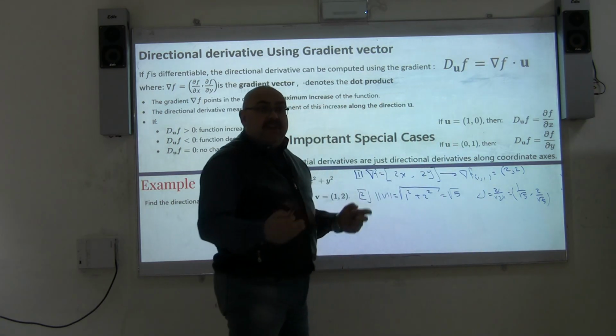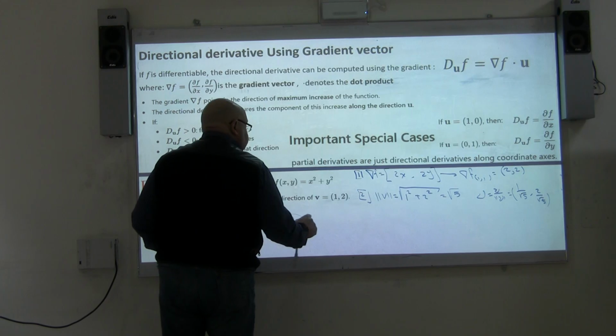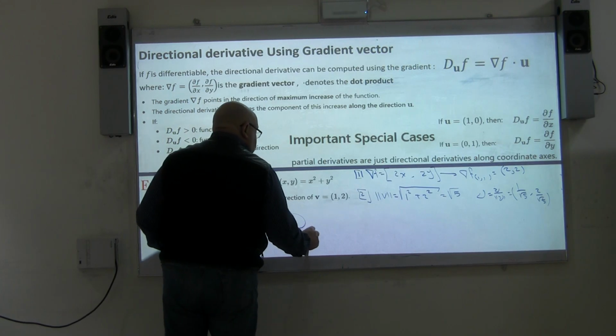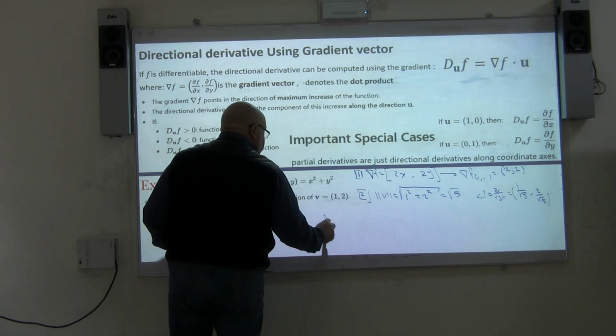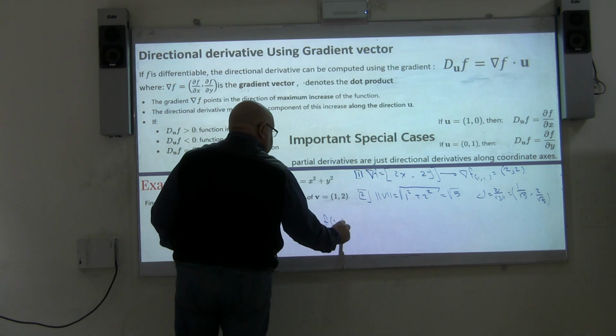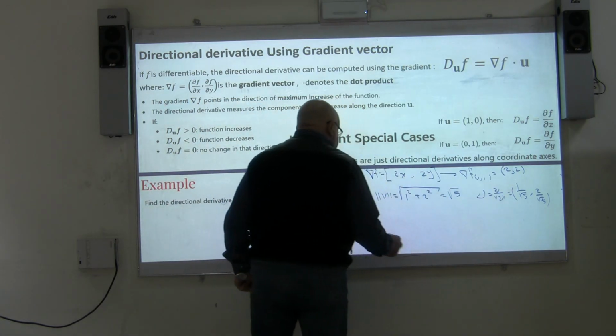In order to get the directional derivative in the direction of (1 over root 5, 2 over root 5) for the function at the point (1, 1), all I have to do is multiply these two vectors together.